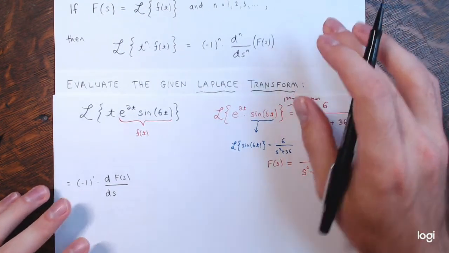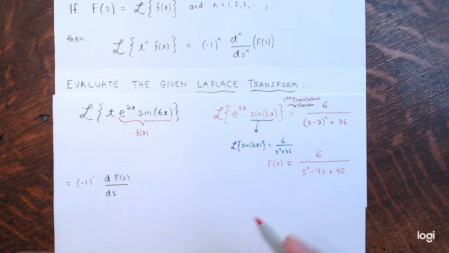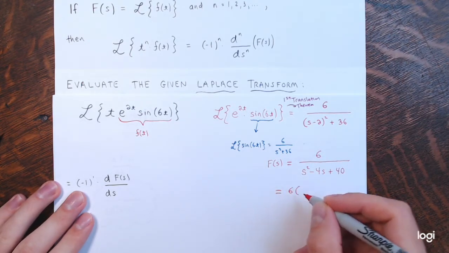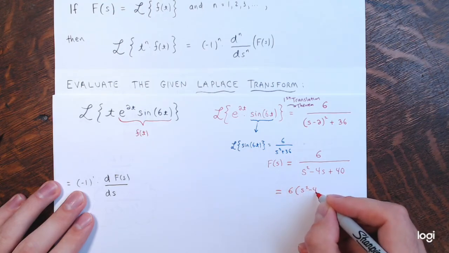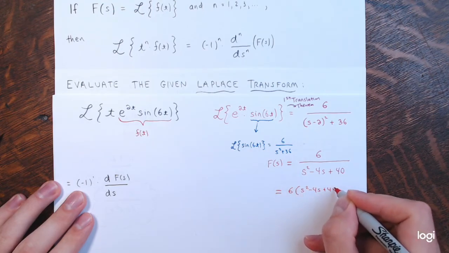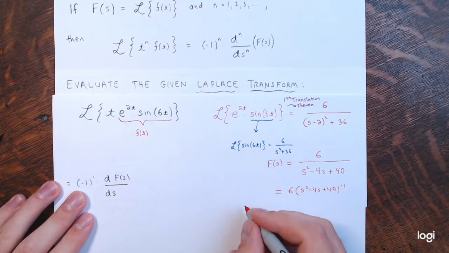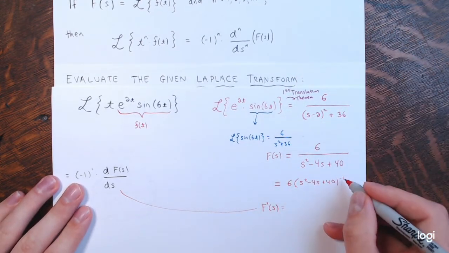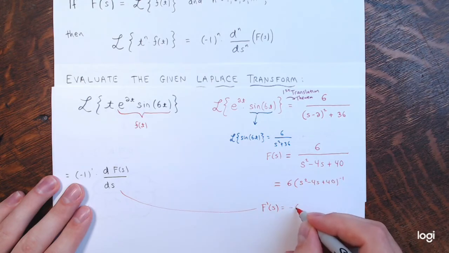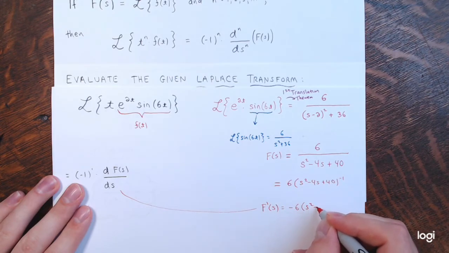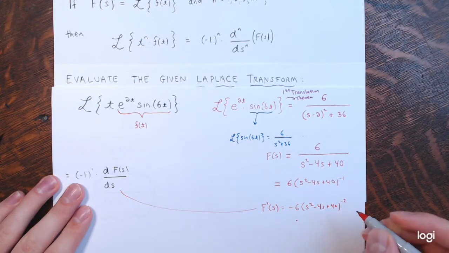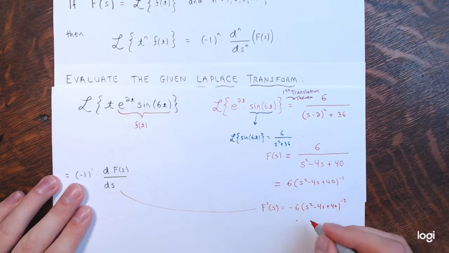Now, just as with previous examples, because there's a constant in the numerator, I'm going to write this as 6 times the quantity s squared minus 4s plus 40 to the negative 1. So now when I do the first derivative, capital F prime here, it's just negative 6 times s squared minus 4s plus 40 to the negative second, but then also times 2s minus 4.